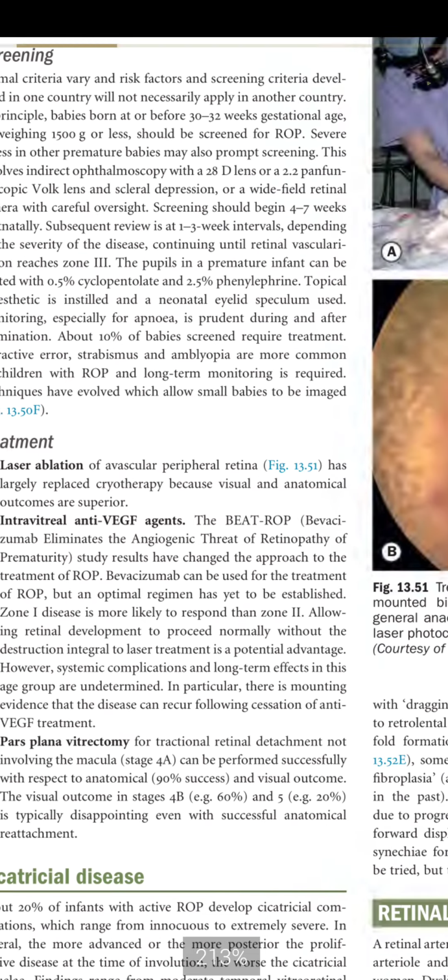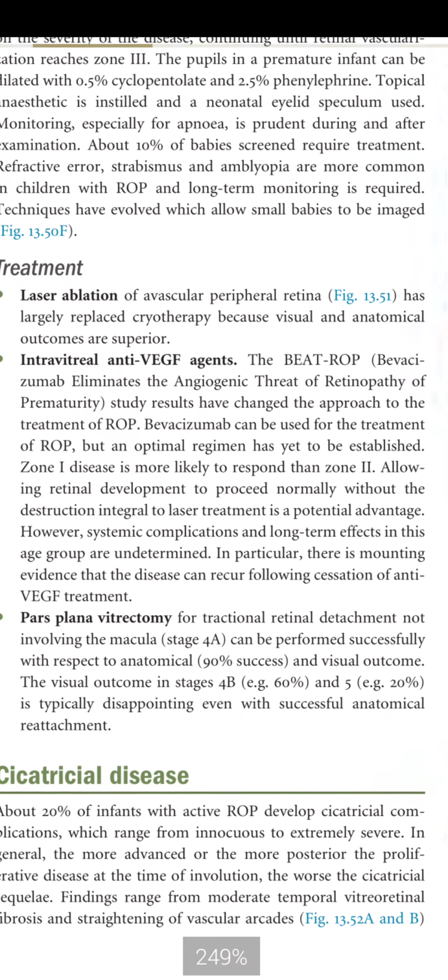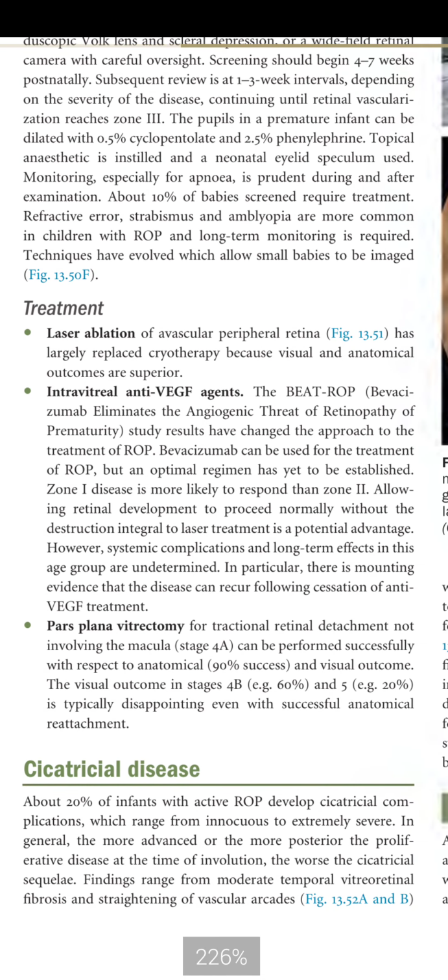So next is cicatricial disease, which is basically when the disease becomes chronic. About 25% of infants with active ROP develop cicatricial complications, which range from innocuous to extremely severe. In general, the more advanced or more posterior the proliferative disease at the time of involution, the worse the cicatricial sequelae.